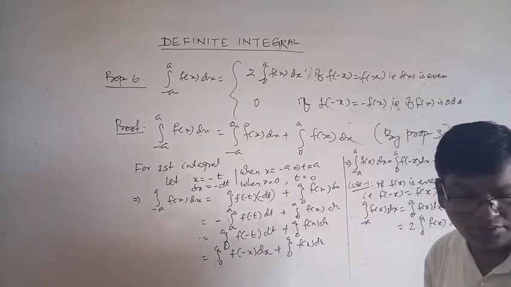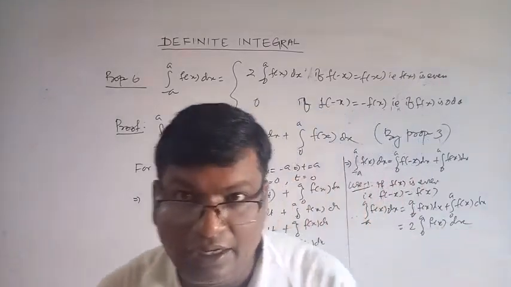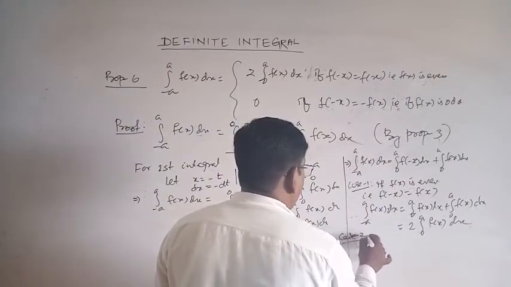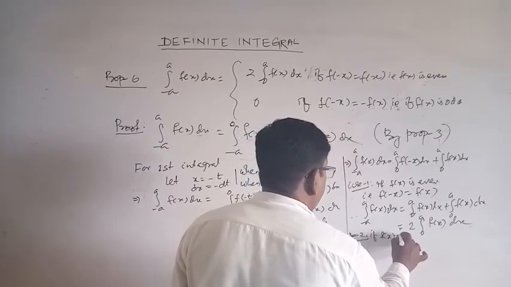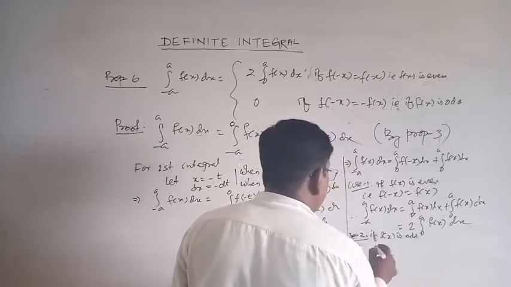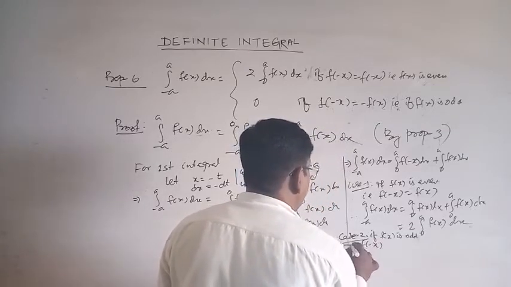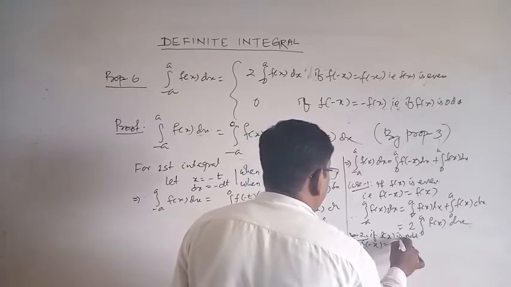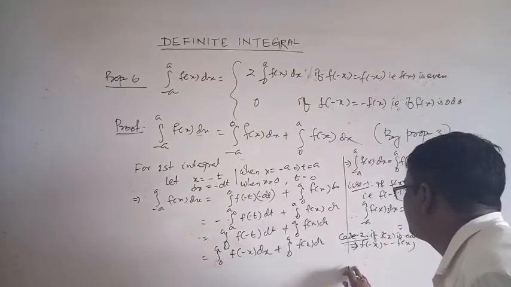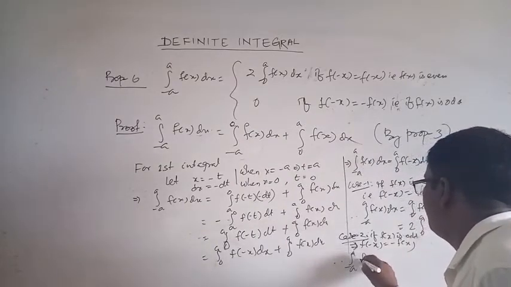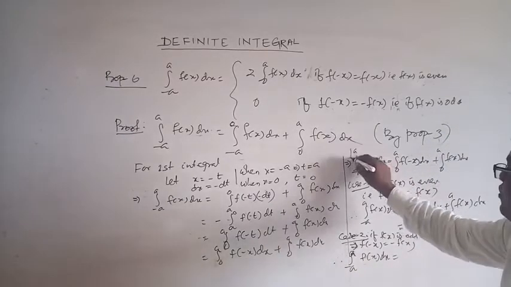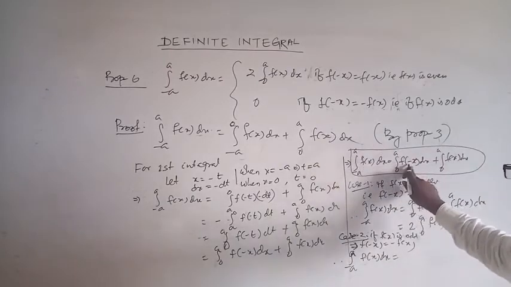Now for case 2, when f(x) is an odd function, that means f(minus x) is equal to minus f(x).